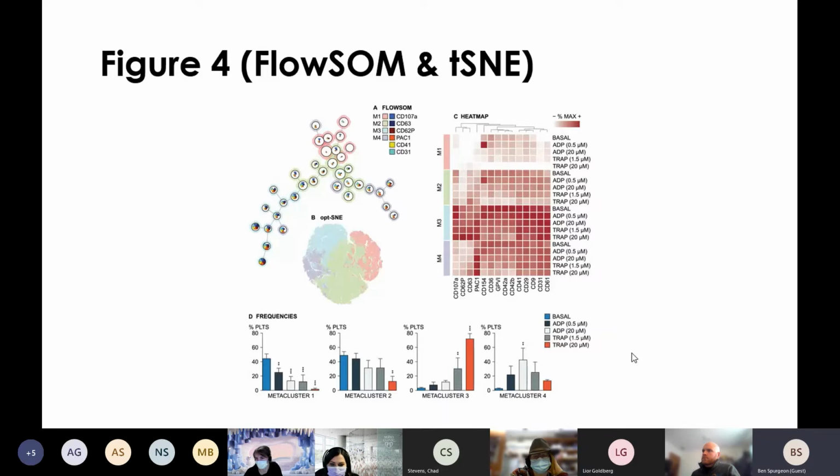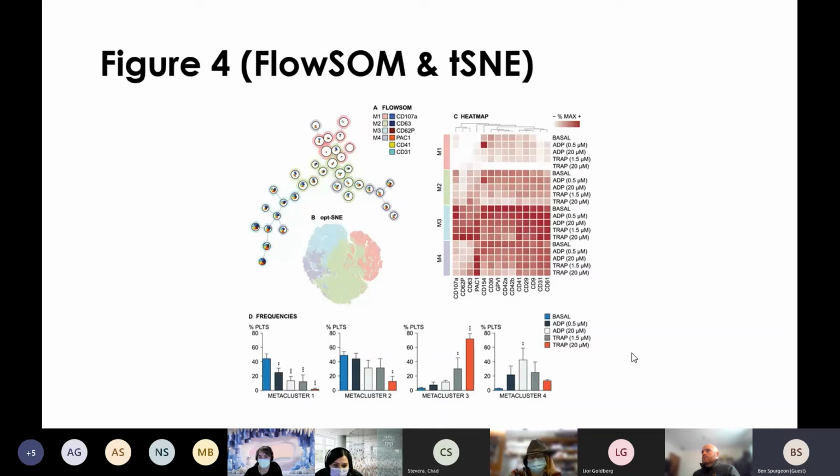So therefore, we might not expect to see much heterogeneity, but nonetheless, metacluster 1 was low for the expression of platelet activation markers, which were CD107a, CD62P, CD63, and PAC1, and these clustered together on the heat map.